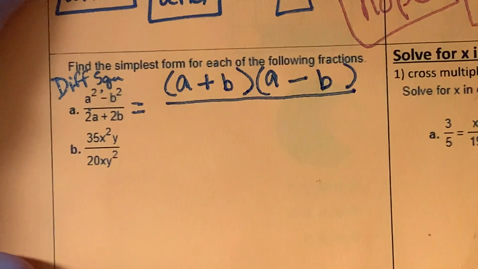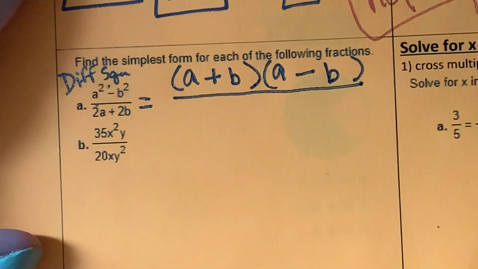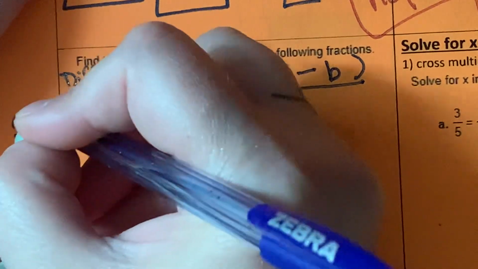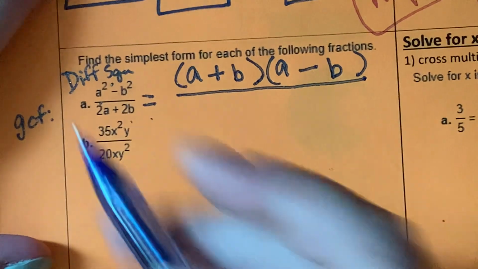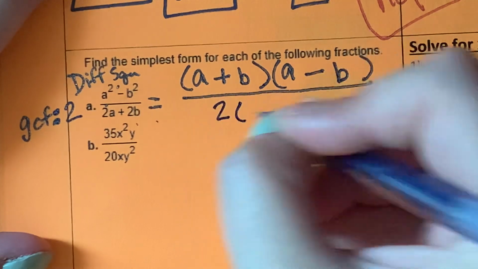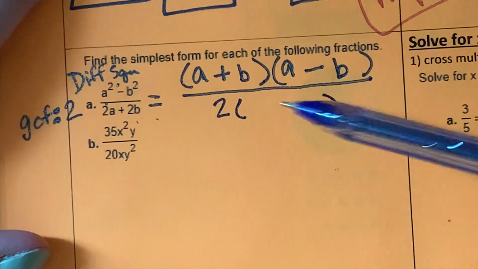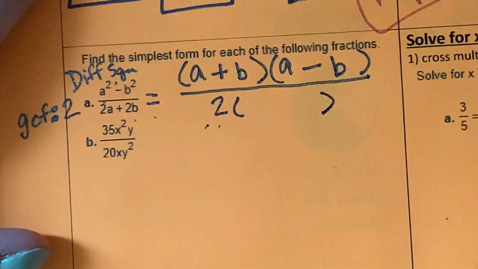Now let's look at the bottom. If you look at the bottom, it's not a difference of squares because there's a plus sign. But maybe there's a GCF on the bottom. If I look at this 2A and 2B, what's in common? The number 2. So I'm going to put a 2 in front of a parentheses, and then I'm going to say, what multiplies with this 2 to get 2A?